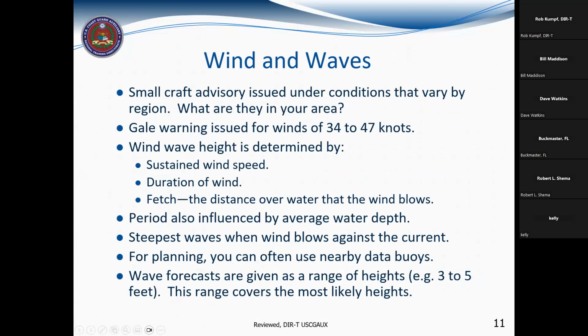Small craft advisory is issued under conditions that vary by the region. So what are they in your area? A small craft advisory that we might have here on one of our lakes is a lot different than the small craft advisories that you're going to see in coastal regions.